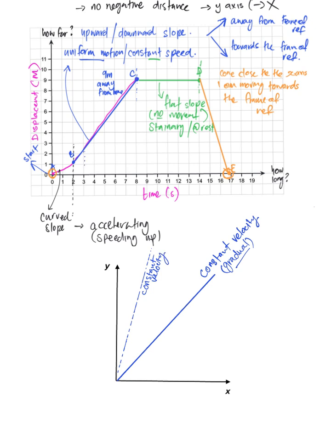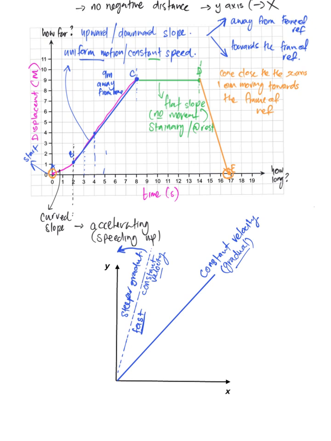Every second, we're moving up. I still have a constant velocity, but my gradient looks a little bit different. It's steeper. So when I have a steeper gradient, what that means is I'm moving very fast. How do I know that? If the gradient comes close to the y-axis, it means that you're moving at a constant velocity, but at the exact same time you're also walking very, very fast.